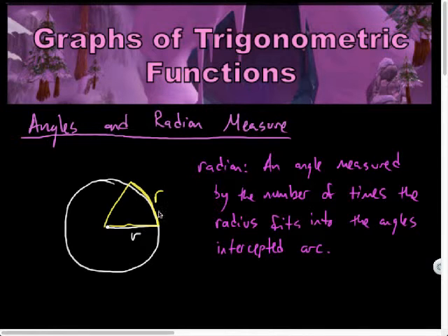So 1 radian looks something like this. I could have half a radian, or 2 radians would look something like this, and that'd be a bigger angle. So you could have all sorts of different measurements. Now my question for you is, how many radians do you think fit all the way around the circle?